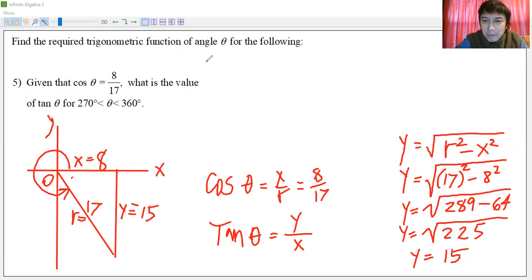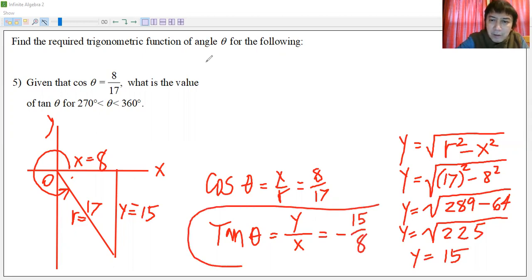That's the sign of the tangent function in the fourth quadrant. Let's check and verify the answer. There, it's negative 15 over 8.